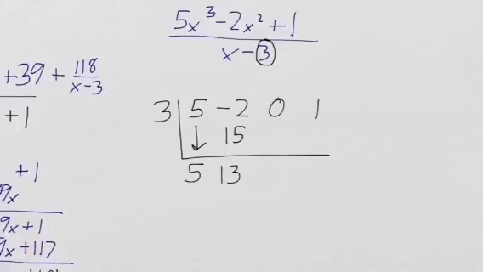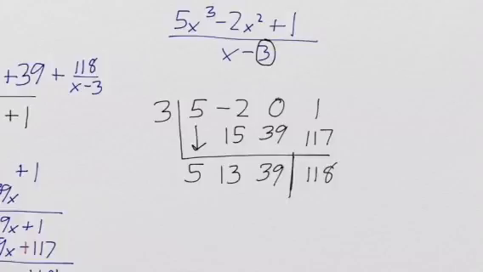So we get 13. Multiply by 3 again. And add. And again, multiply by 3. And add. And I usually draw a vertical line right before that, because now, if we read this, that vertical line separates the remainder from the quotient.